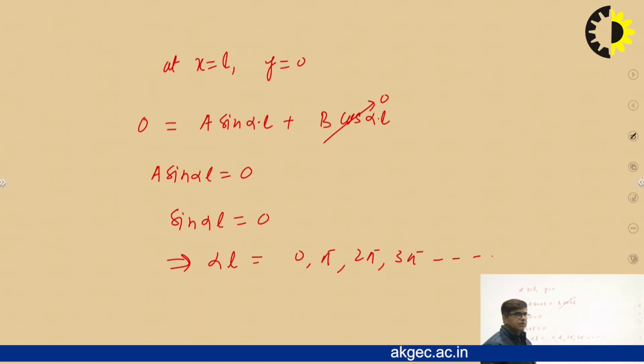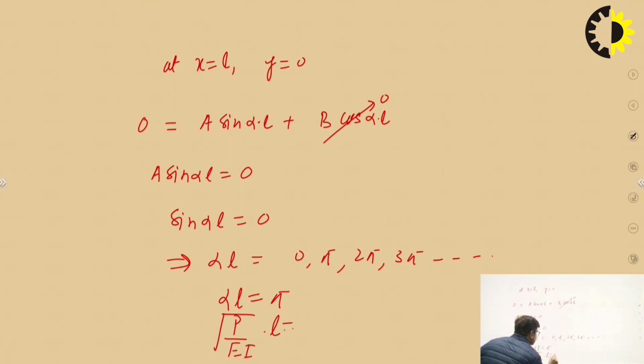So considering the least practical value, alpha L equal to pi, and we all know alpha L is root P upon EI into L equal to pi.